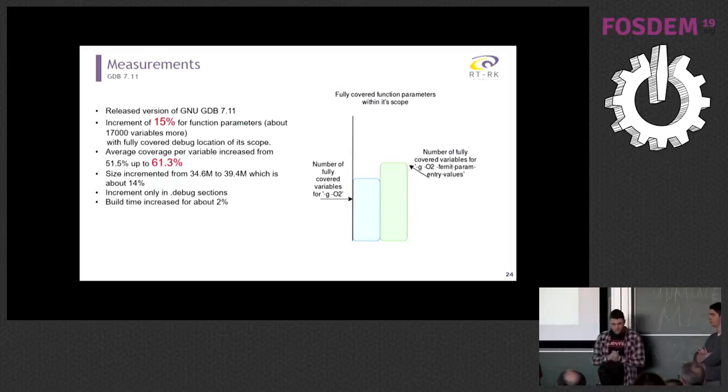The average coverage per variable is increased by about 10%. There is no change in code generation, only change in .debug sections. And in this case, we noticed a build time increase of about 2%.